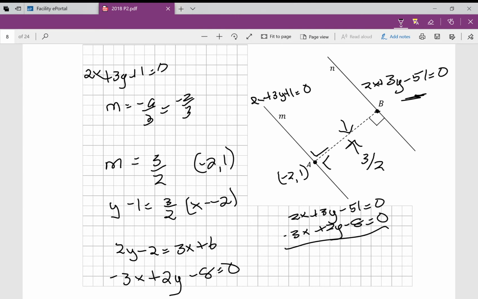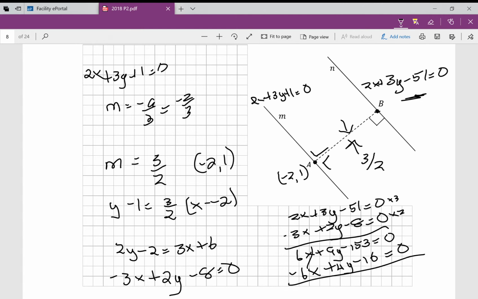I'm going to multiply that by 3 and that by 2, so you get 6x plus 9y minus 153 equals 0, and minus 6x plus 4y minus 16 equals 0.